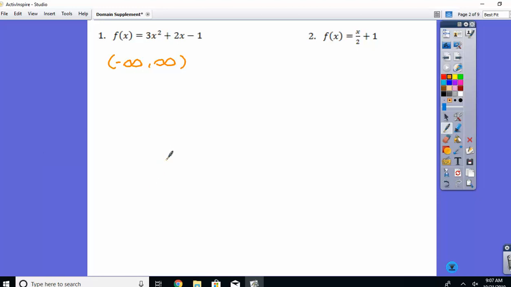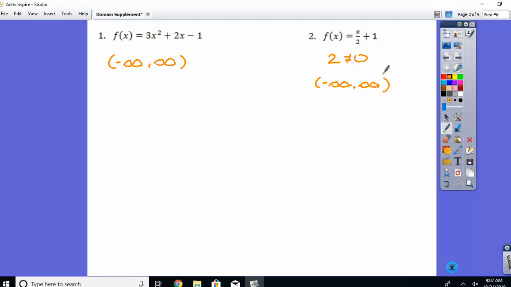Number 2. f of x equals x over 2 plus 1. Has a fraction. If it's a fraction, I know the denominator can't be 0. My denominator is 2. So 2 can't equal 0. Does 2 ever equal 0? No. So what's my domain? It can be anything.